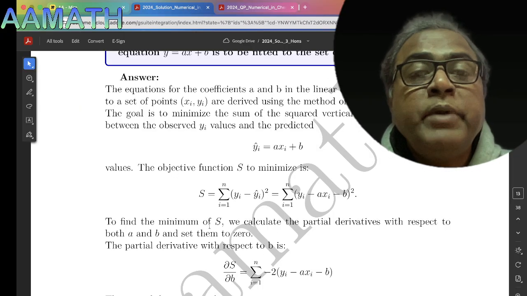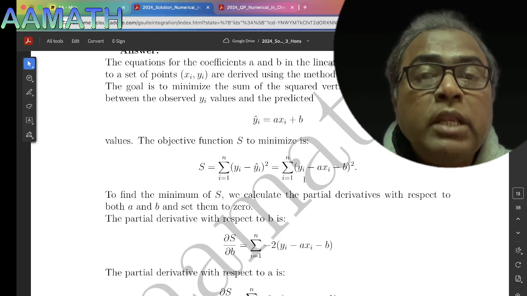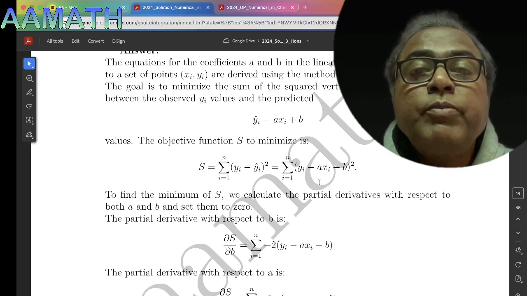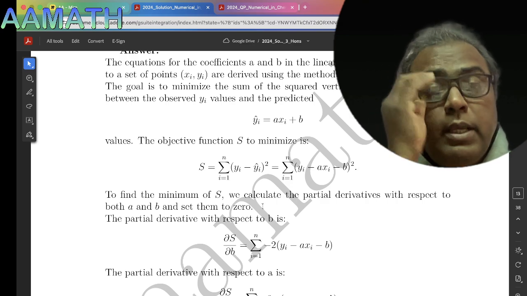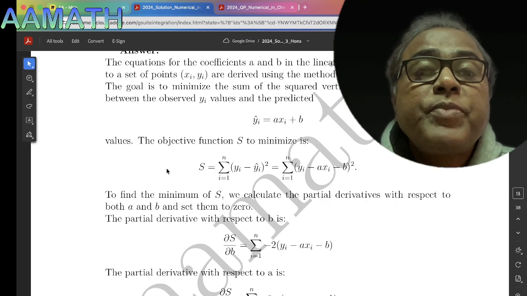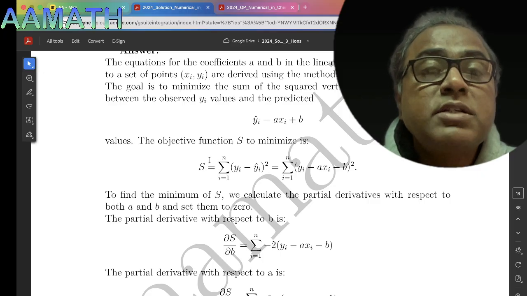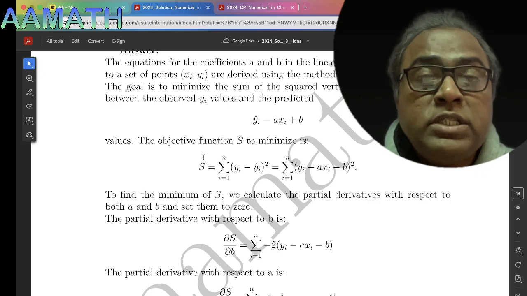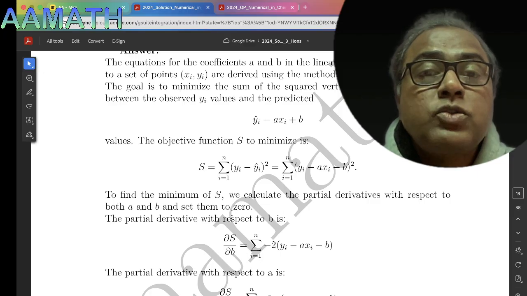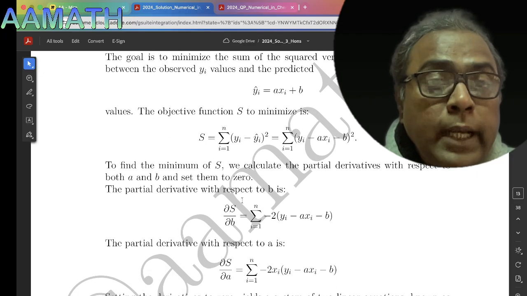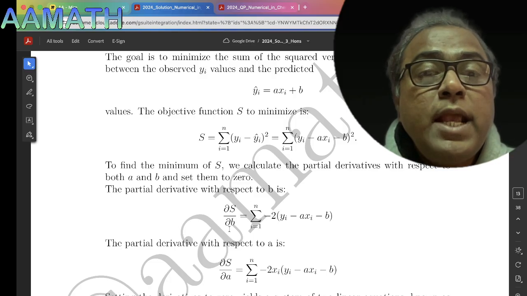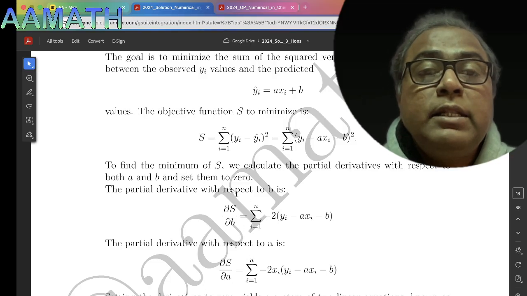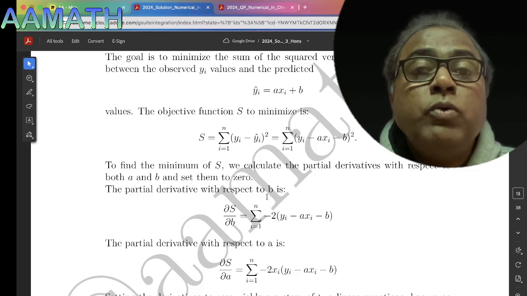To find the minimum of S, here S is a function of two variables A and B. So by the knowledge of analysis, if we want to minimize this function S, which is a function of A and B, we calculate del S by del B, the partial derivative with respect to B, and del S by del A. These two partial derivatives are set equal to 0.